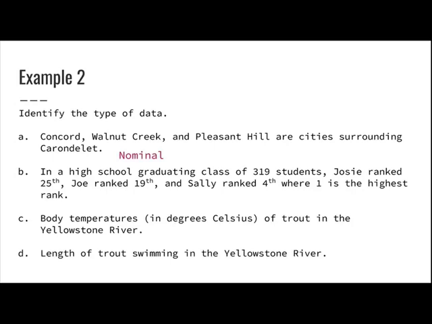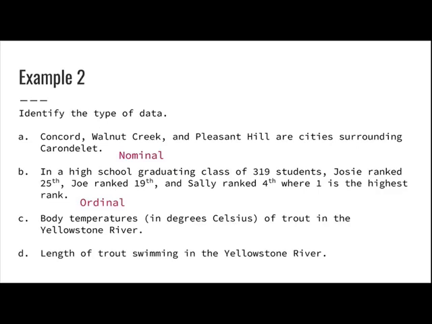In a high school graduating class of 319 students, Josie ranked 25th, Joe ranked 19th, and Sally ranked 4th, where 1 is the highest rank. So now we have ranking, and remember, with ranking we're thinking order, so ordinal level.